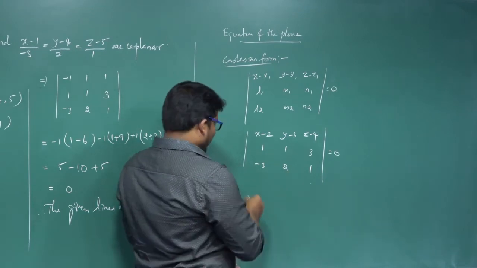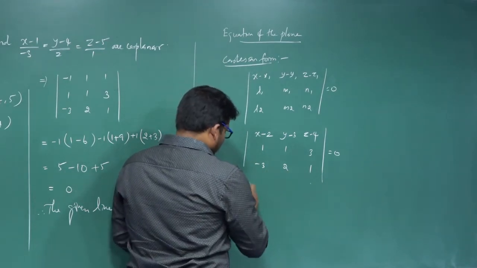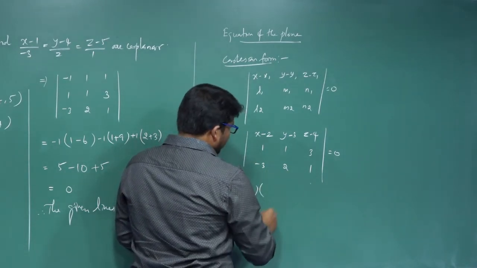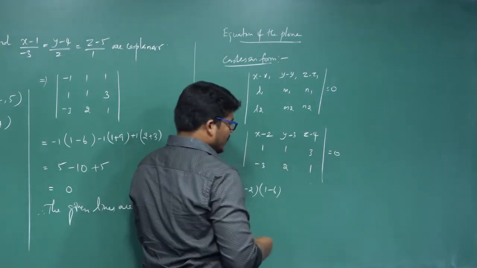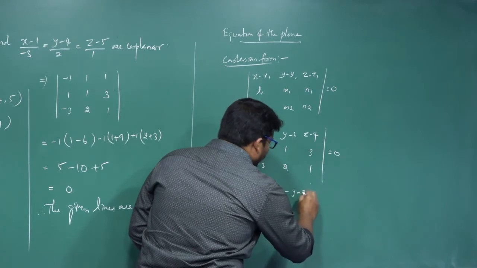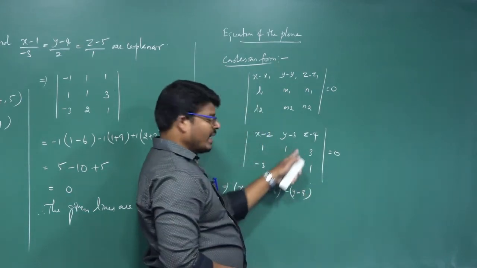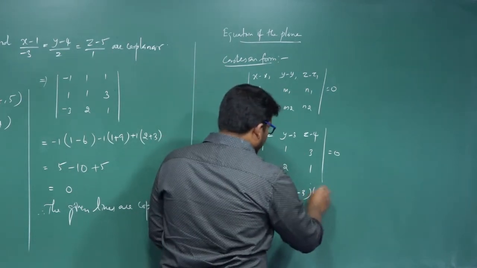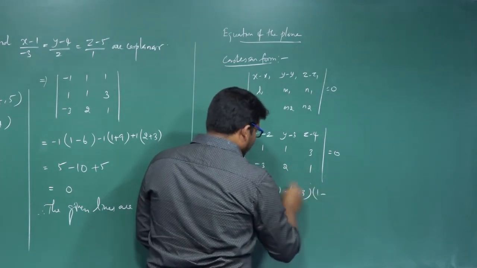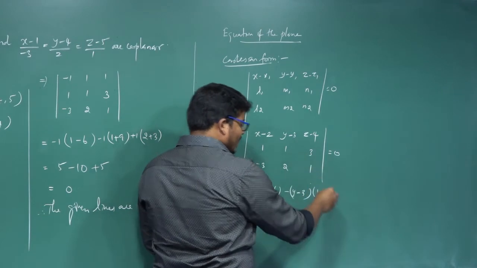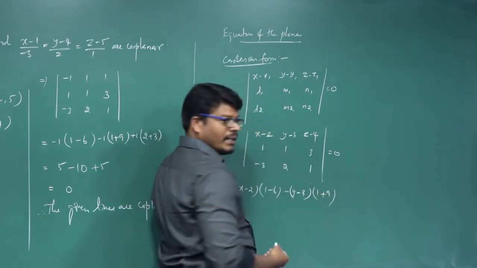Now expanding the determinant, this implies x minus 2 into 1 into 1 is 1, 2 into 3 is 6, minus 6. Next, minus of y minus 3 into the minor matrix: 1 into 1 is 1, minus 3 into 3 is minus 9, so plus 9.